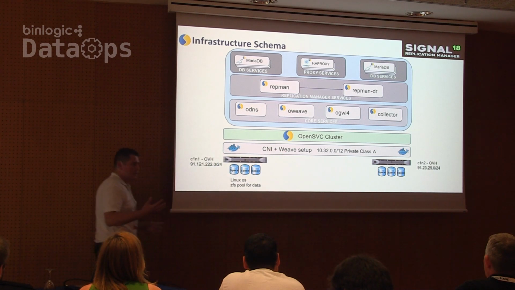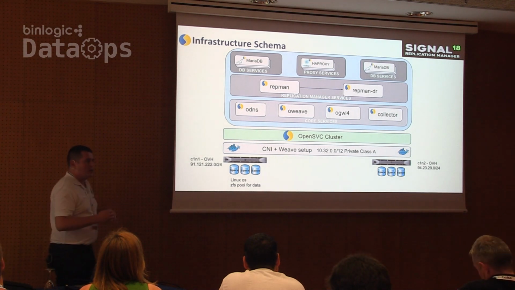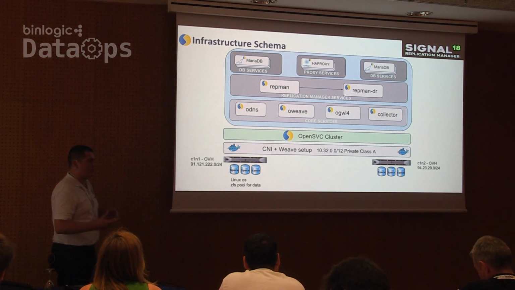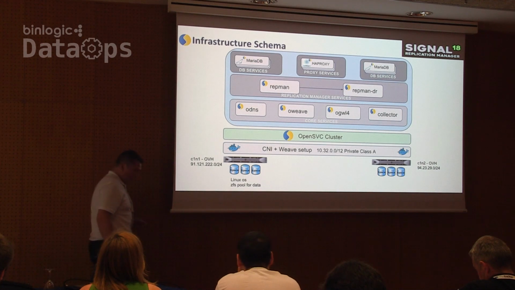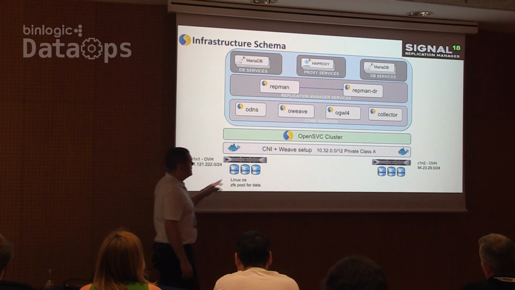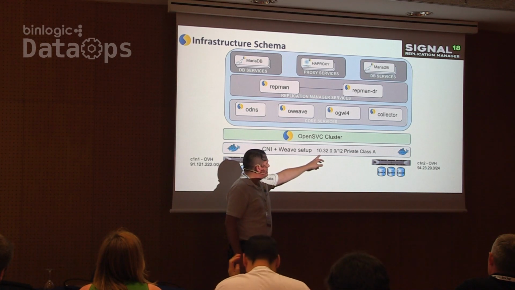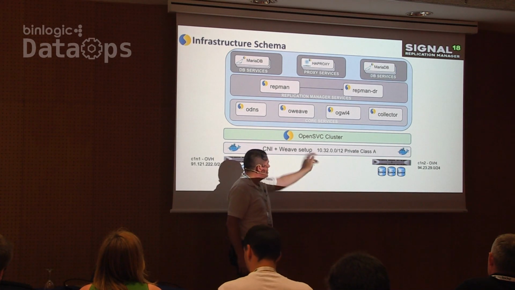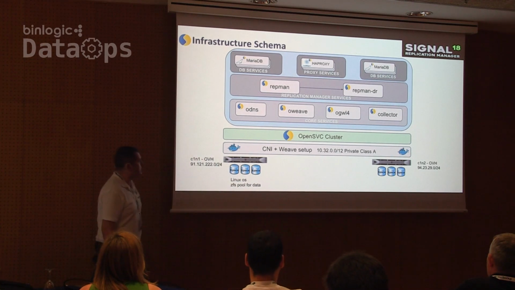Multiple plugins exist, but Weave is one of them that relies on libraries and is able to provide a software-defined network across an extended cluster. It's the current setup for Stephane. So we are able to provide this extended VXLAN between the two nodes, purely private IP addressing.